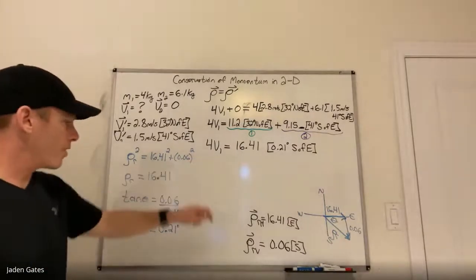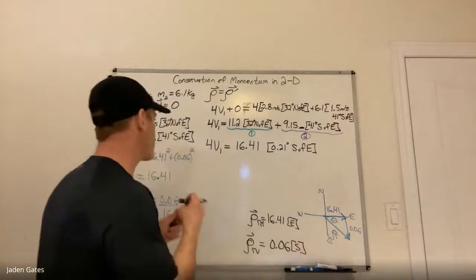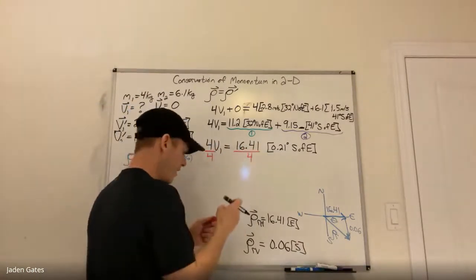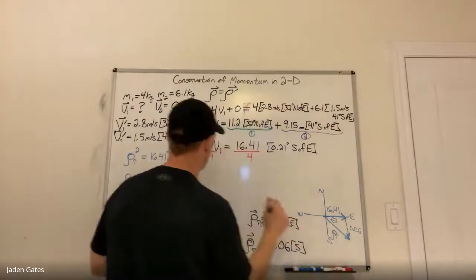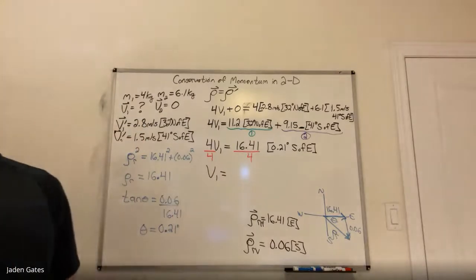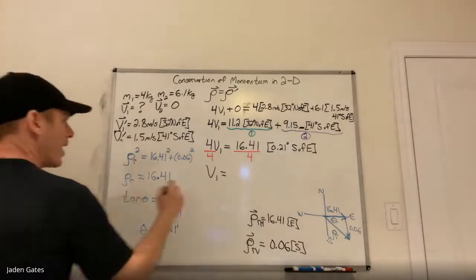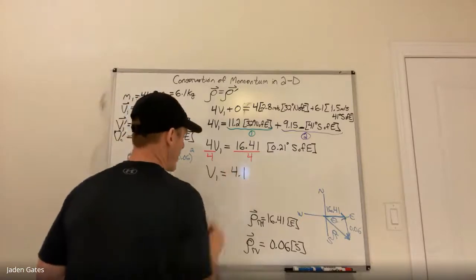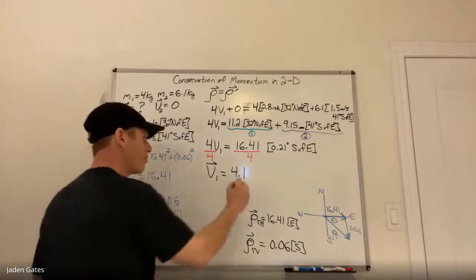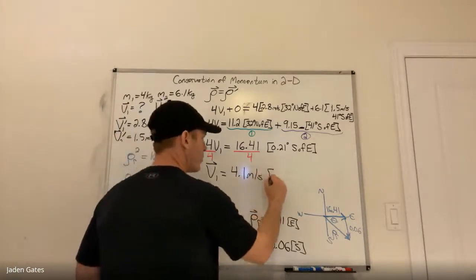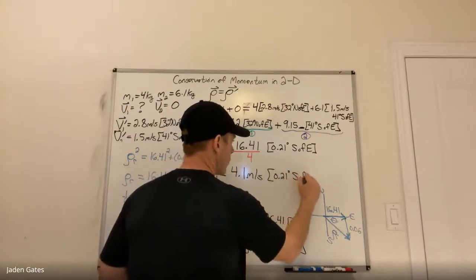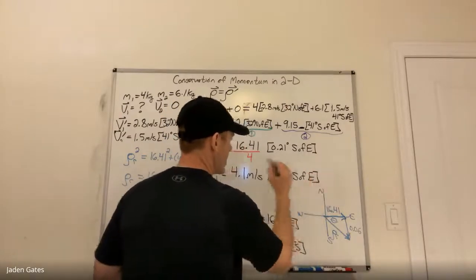I want to get v1 right, so I'm going to finally divide both sides by 4. And so the initial velocity of our bowling ball, a little bit offline it looks like, because let's see, take 16.41 divided by 4. I get 4.1. Again, now I'm going to throw some units in here because I know my velocity. We're in standard units. It's just meters per second. And it looks like they're a little bit offline at 0.21 degrees south of east.